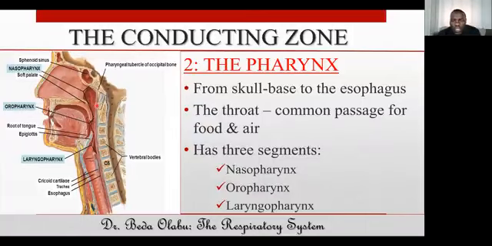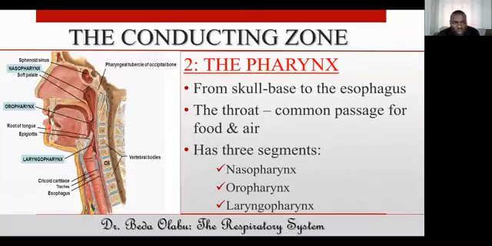It is also important, now that we've mentioned that the throat is a common passage for both food and air, for you to note that air will pass this way. If you're breathing normally from the nasal cavity, air will go to the nasopharynx, then to the oropharynx, then to the laryngopharynx, then to the trachea, in that direction. So nasal cavity, pharynx, larynx, trachea.